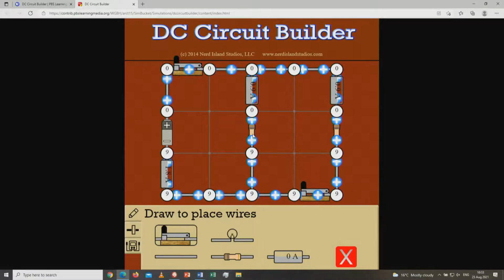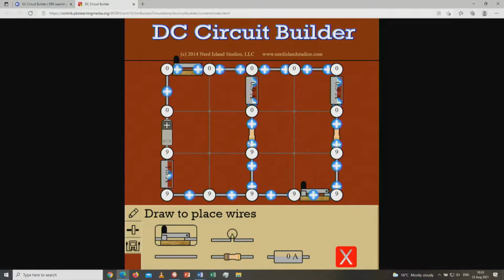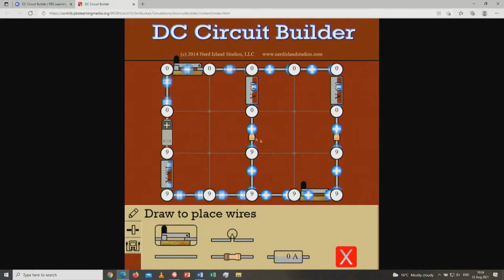In other words, when there are two resistors connected in parallel, the current here is actually supposed to be more because the resistance of the circuit is smaller.